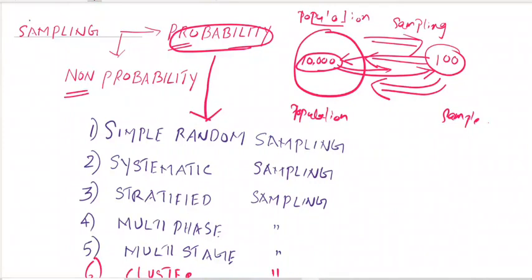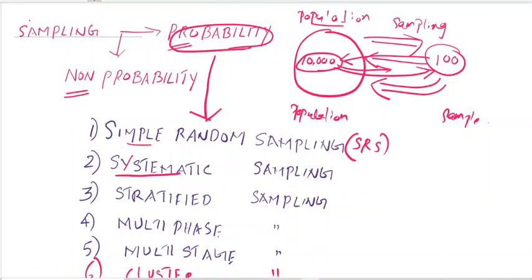So we'll start one by one. The first one is simple random sampling. In short form, it is also known as SRS, simple random sampling. The second one is systematic sampling.